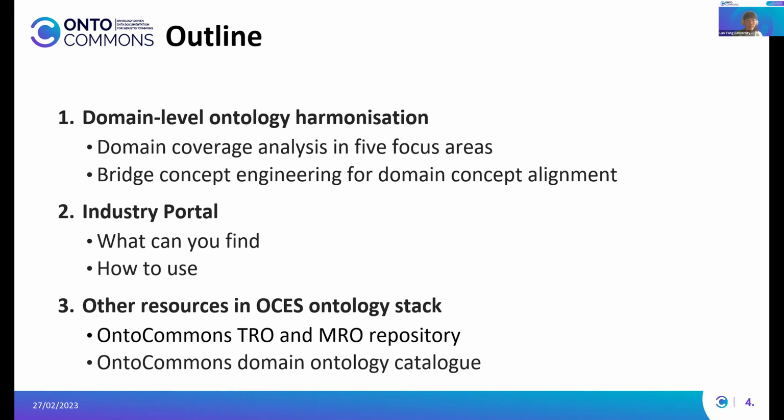We have a repository on GitHub, which hosts the TRO, the top reference ontology, and the MRO, the middle reference ontologies. We also have a domain ontology catalog, which lists the domain level ontologies discovered from the landscape analysis.